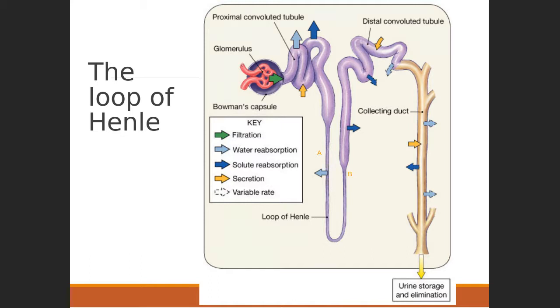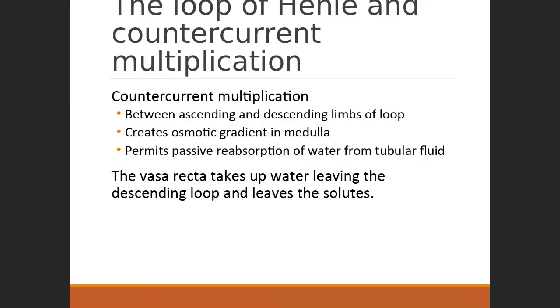The more transport we see from A, the higher the transport we will then see from B. Additionally, the more transport we observe from B, that's going to result in an even greater rate of transport from A. So A drives B, B conversely drives A even harder, and we get this amping up effect. We call this amping up effect countercurrent multiplication.